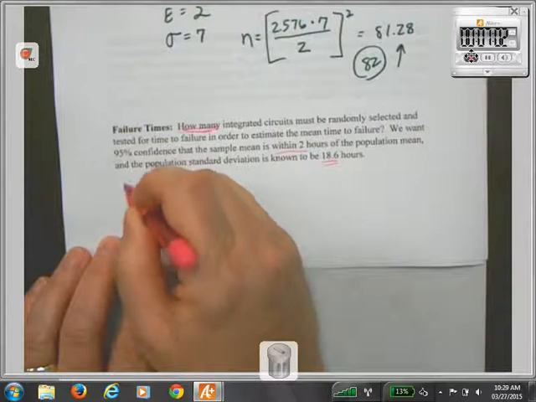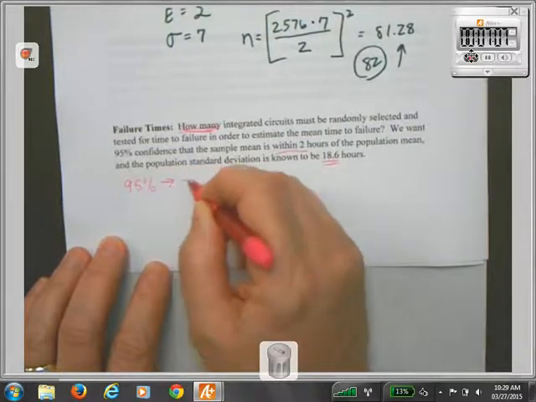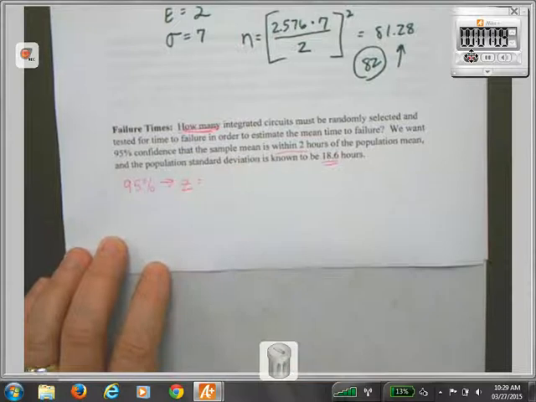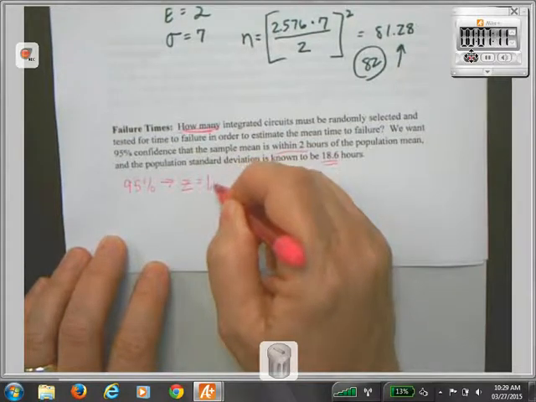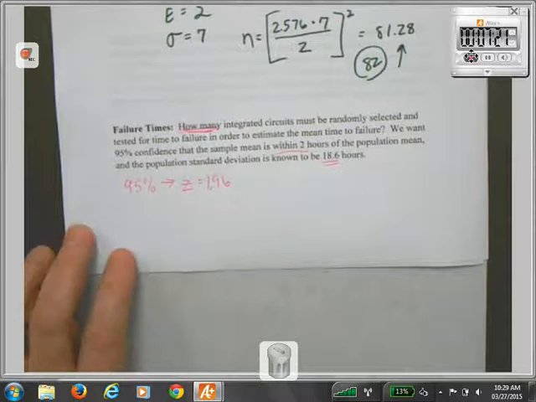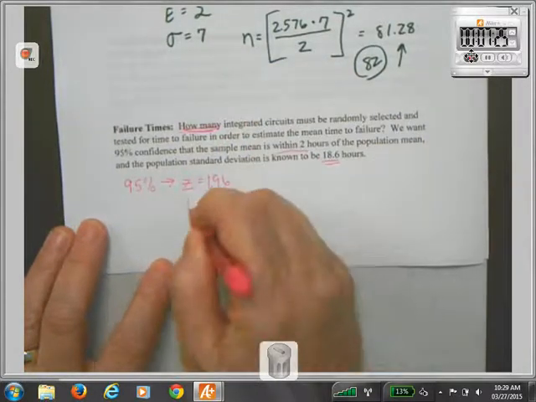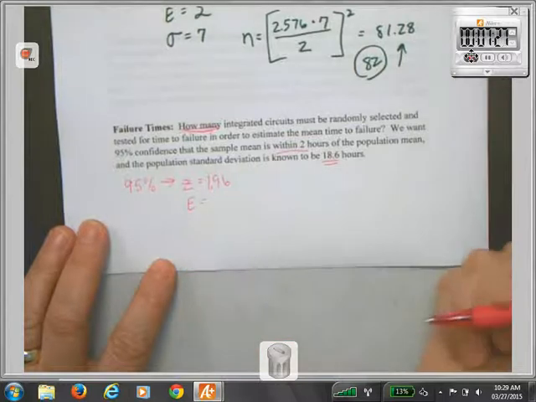Well, let's first talk about what 95% means. Anybody know what that means offhand? 1.96. Very good. Like I said, after a while you get to where you know what these numbers are. Of course, in the next chapter we're going to change that up some. So our E this time is also 2, just like before, but that was 2 feet.